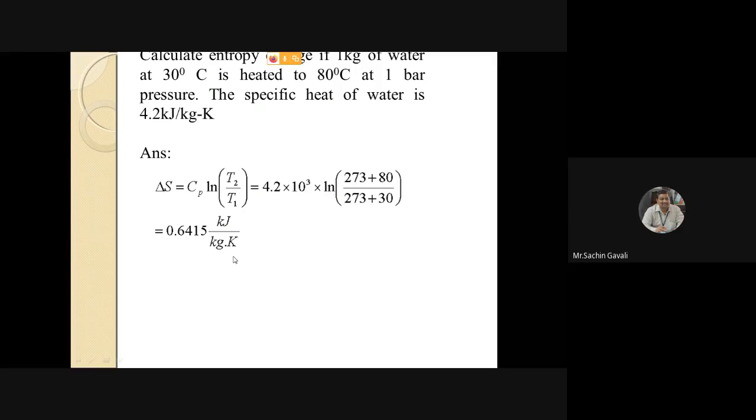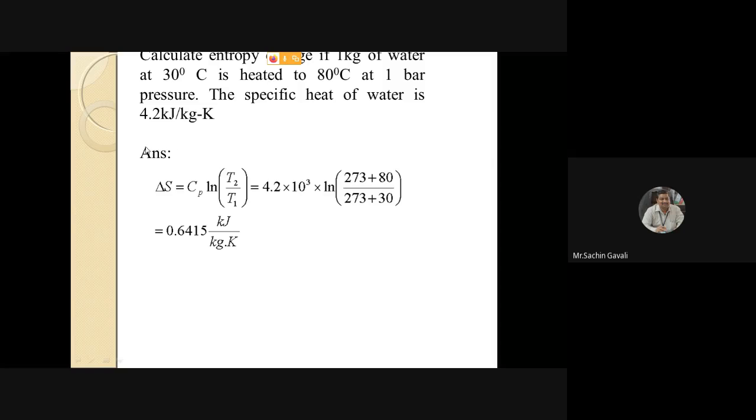Calculate entropy change if 1 kg of water at 30 degrees Celsius is heated to 80 degrees Celsius at 1 bar pressure. The specific heat of water is 4.2 kilojoule per kg Kelvin.